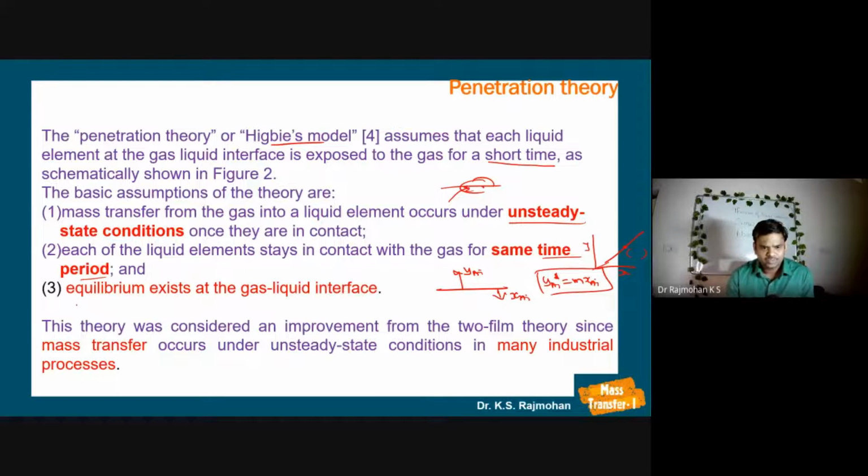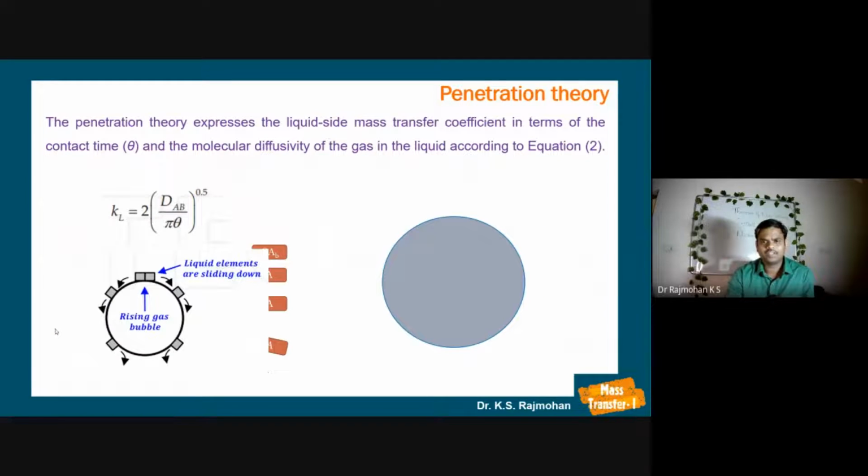Okay, so during that time this theory was considered to be an improvement over the two film theory, since mass transfer occurs under unsteady state condition in many industrial processes. That way this theory was much appreciated over the two film theory for some applications.